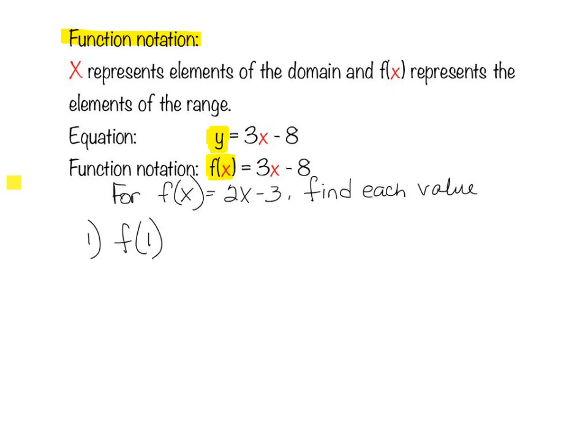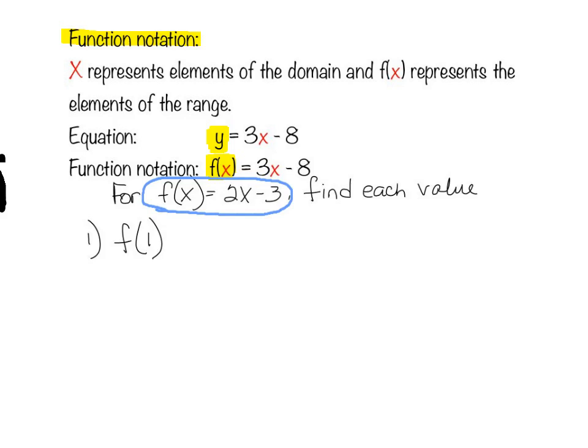Okay, let's look at these exercises where we will be finding the value of each function. So, for f of x is equal to 2x minus 3, find the value of the function of 1. We want to find f of 1.